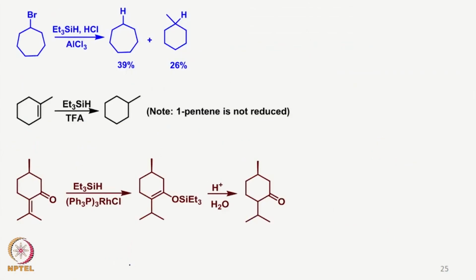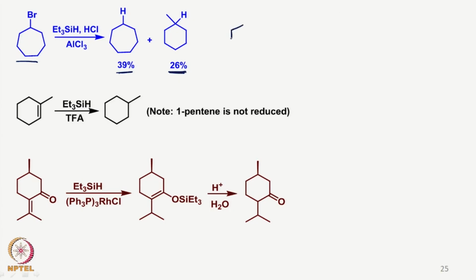We can also see similar types of carbocation-based reactions. If we start with a cycloheptyl bromide, they got 39% of the direct reduction and 26% after the rearrangement.